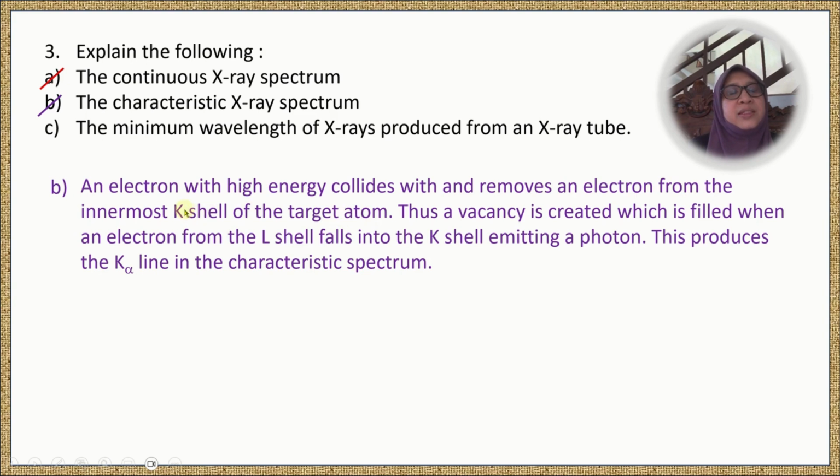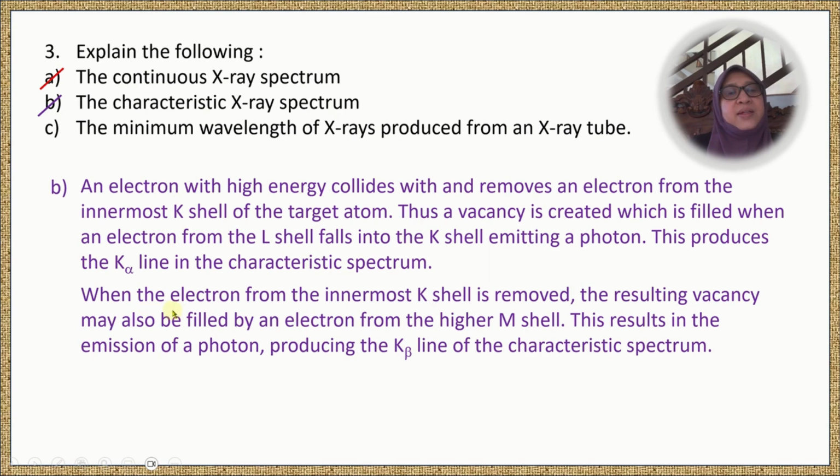The K shell is the shell nearest to the nucleus of the atom. Thus a vacancy is created, which is filled when an electron from the L shell falls into the K shell, emitting a photon. We called this K alpha just now. This produces the K alpha line in the characteristic spectrum.